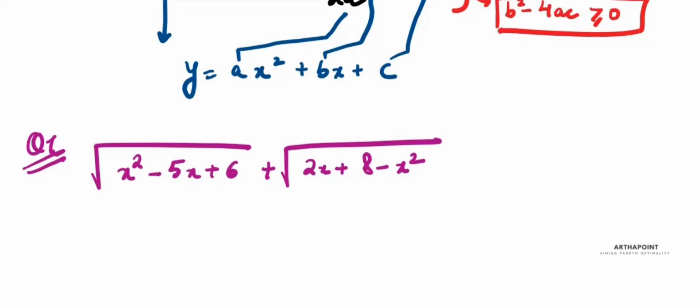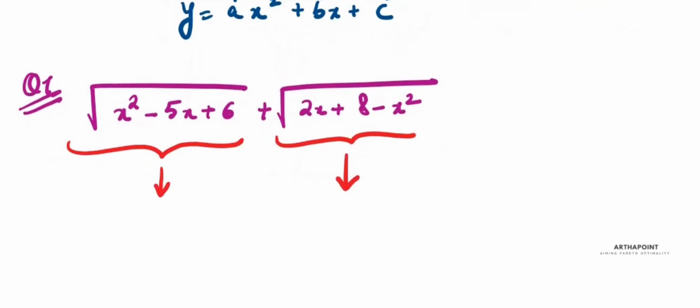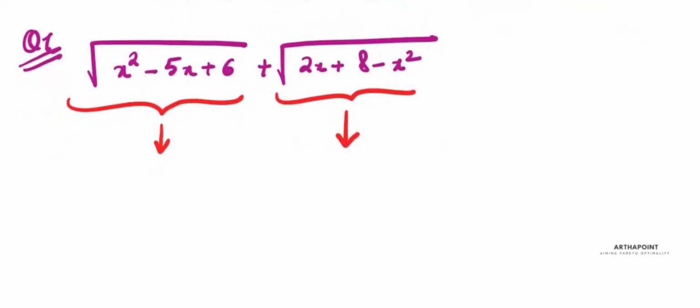Now, one approach to solve such questions is to first find out the domain of the functions individually. So why not just solve this function separately and this function separately, and then combine the roots of these functions.